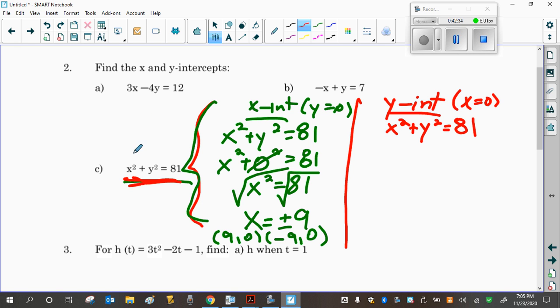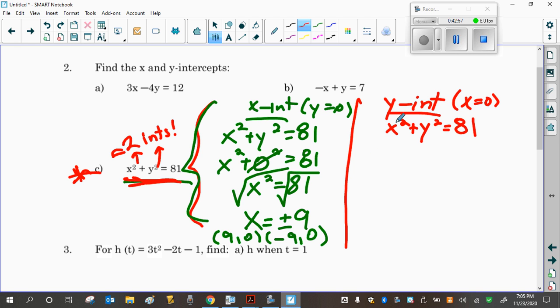And you should be studying, star. It was the second or third time we've seen x squared, y squared. That gives you 2 x-intercepts and 2 y-intercepts. So I see that on the quest Wednesday.